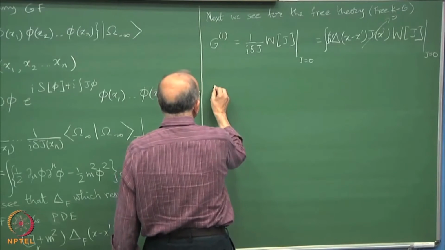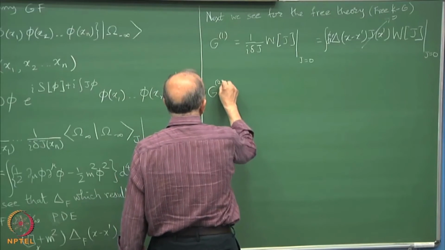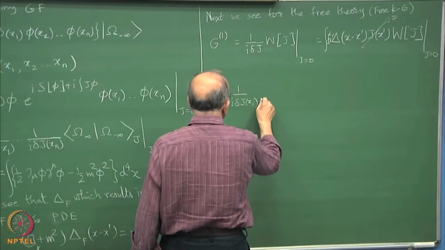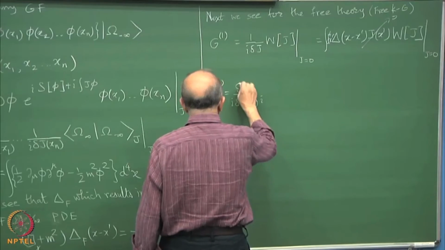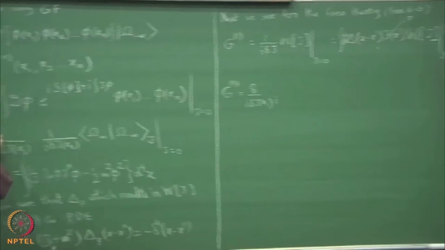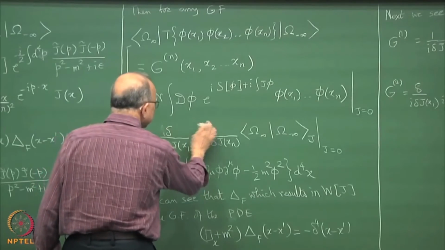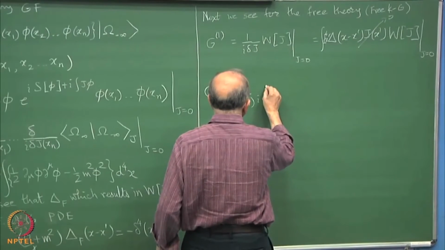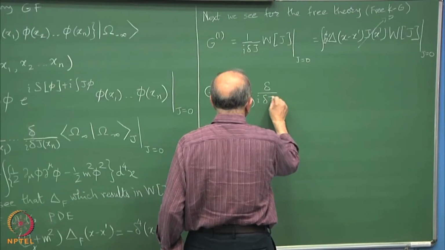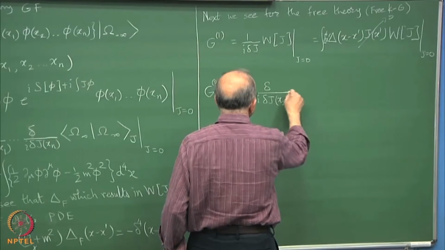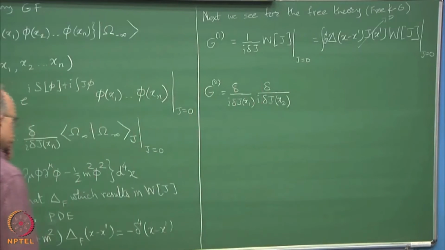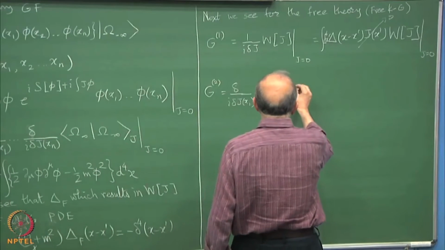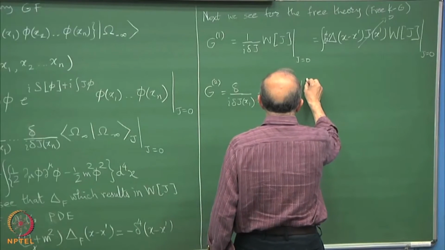So our next hope is that we calculate G2. Oh, not 1, sorry, but variation. So that then exactly produces the propagator.